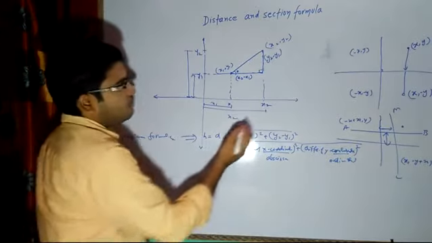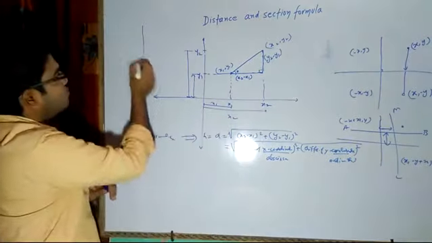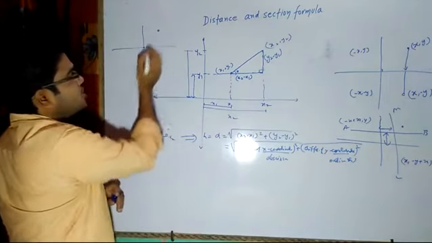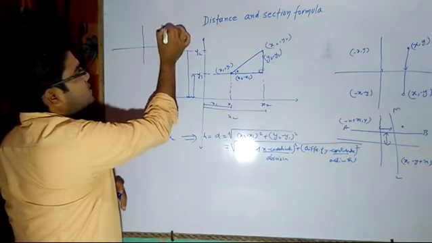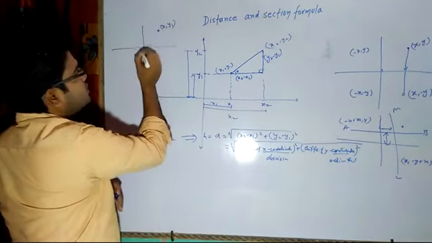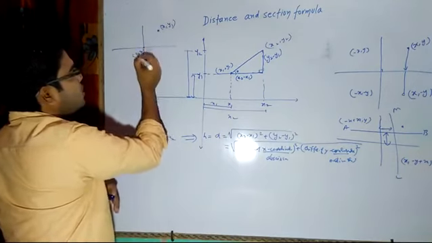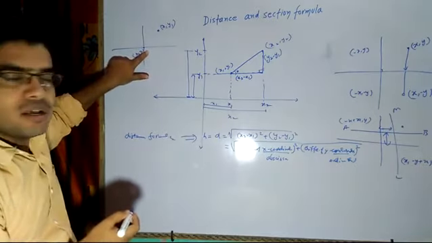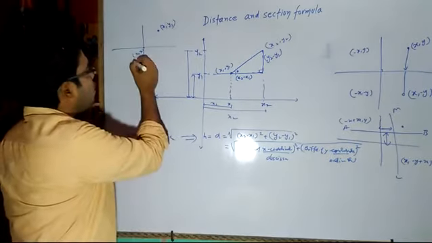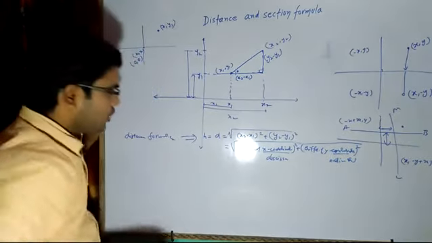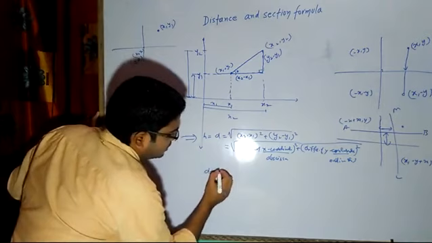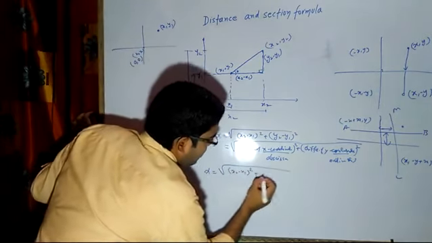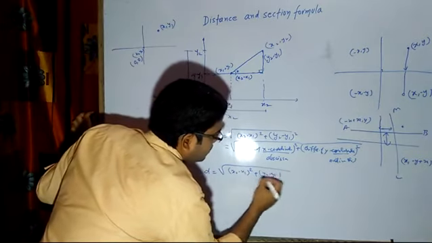Now, suppose I have to calculate the distance between a point and the origin. I have marked the point as x1, y1, and the origin will be called x2, y2. All of us know that the origin is also called the 0, 0 point. So if I put in the formula, distance will be equal to the square root of (x2 minus x1) square plus (y2 minus y1) square.